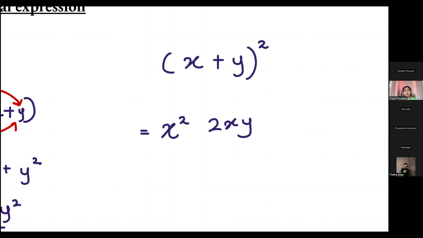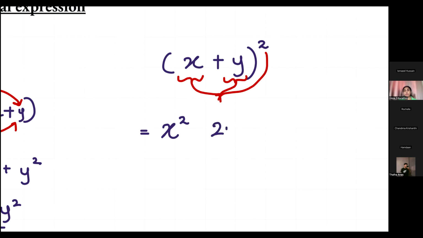So, what did I do again? Yes, I will explain again. First, we take the square of the first term, so x squared. Then we multiply the first term by the second term and by 2. x times y is xy, xy times 2 is 2xy.